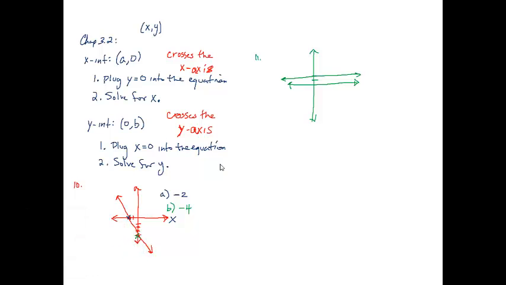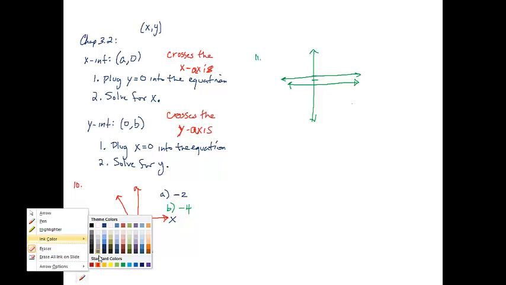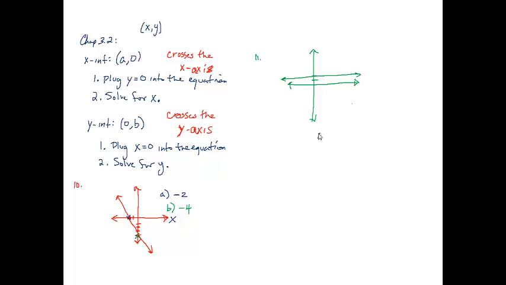Does the graph cross the x-axis anywhere? The answer would be no. Therefore, it doesn't have an x-intercept. The x-intercept means it has to cross the x-axis. If it doesn't cross the x-axis, then I don't have one. So part A would be no x-intercept.